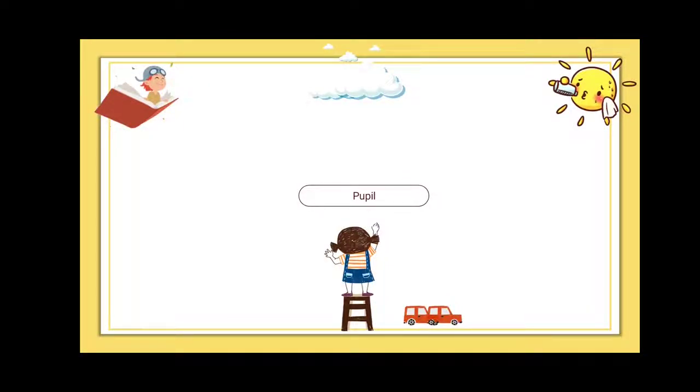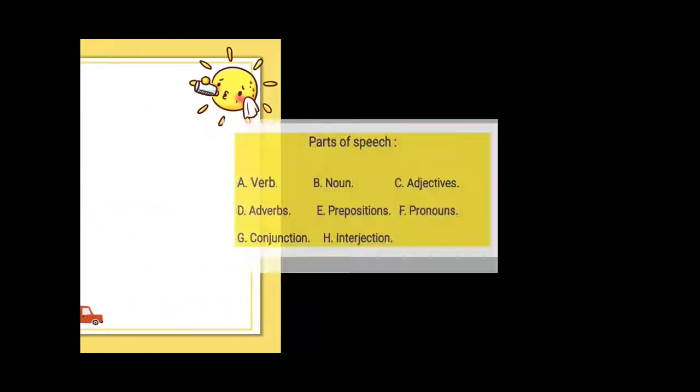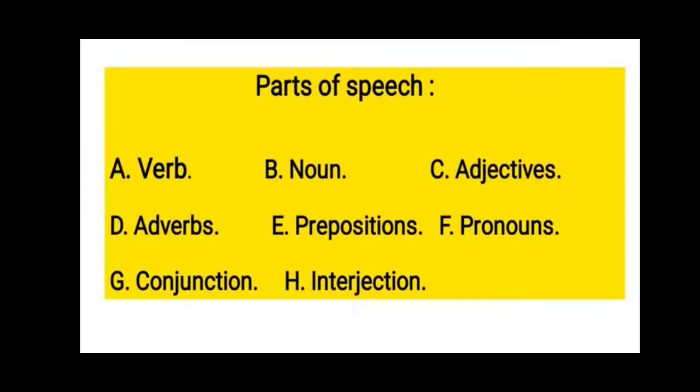Since the last few classes, we have been revising the topics that we have already finished. In those classes, we have mainly focused on the important parts of speech. In the last class, we started revising one of the important parts of speech, which is verb.